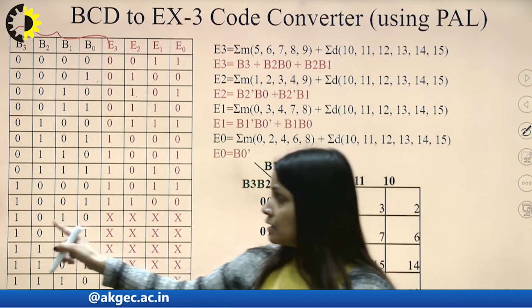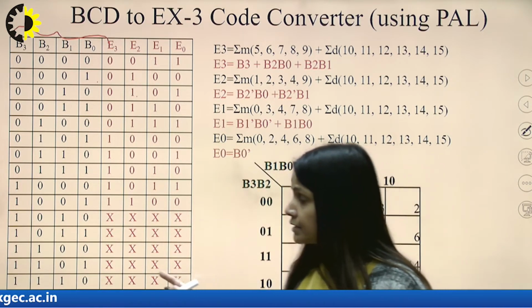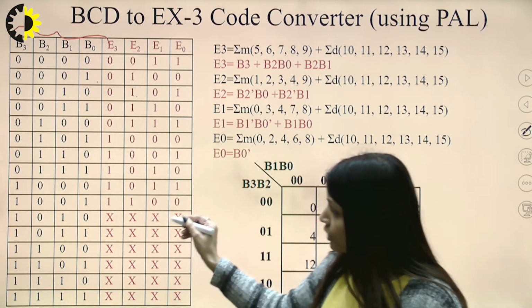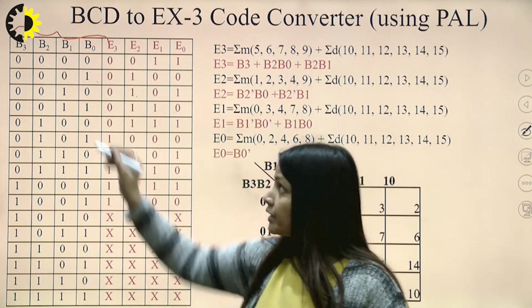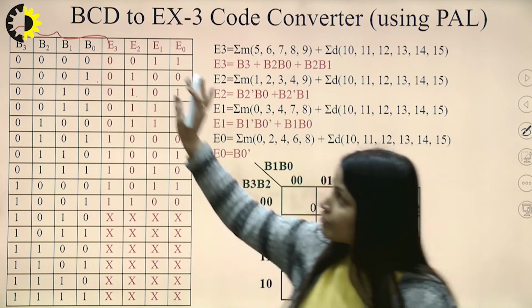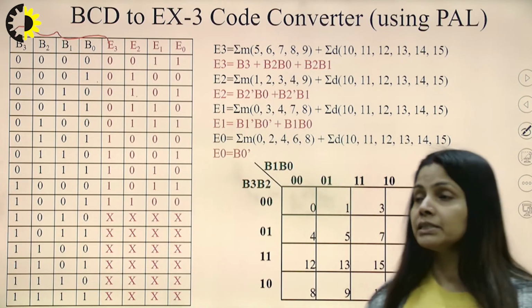All the rest are not defined for the X3 code converter, as we know already. So here we will put don't care conditions for the remaining codes, since we have only 0 to 9. First of all, we write the conversion table from BCD to X3.